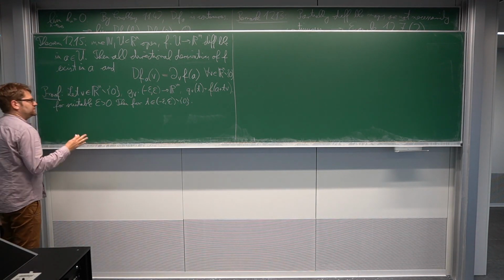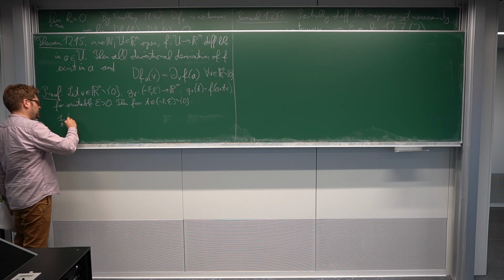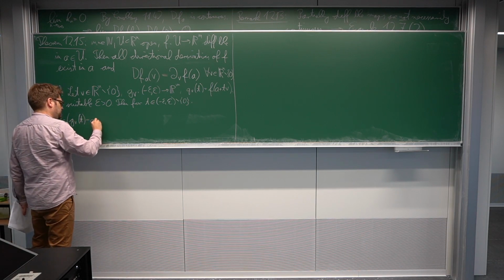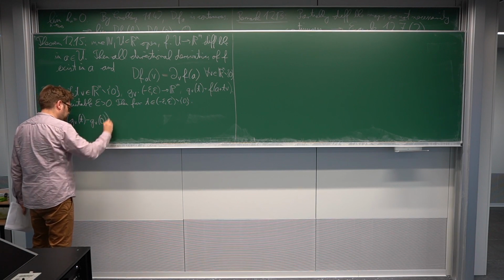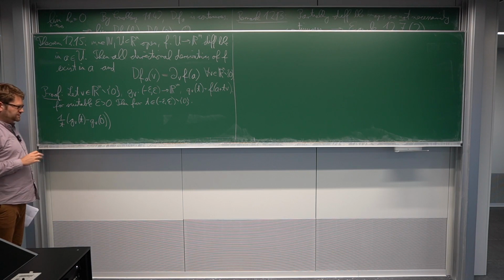So the derivative of this as a curve is the limit of 1 over t times (gv of t minus gv of 0). Okay, the limit of this as t goes to 0 is the directional derivative.